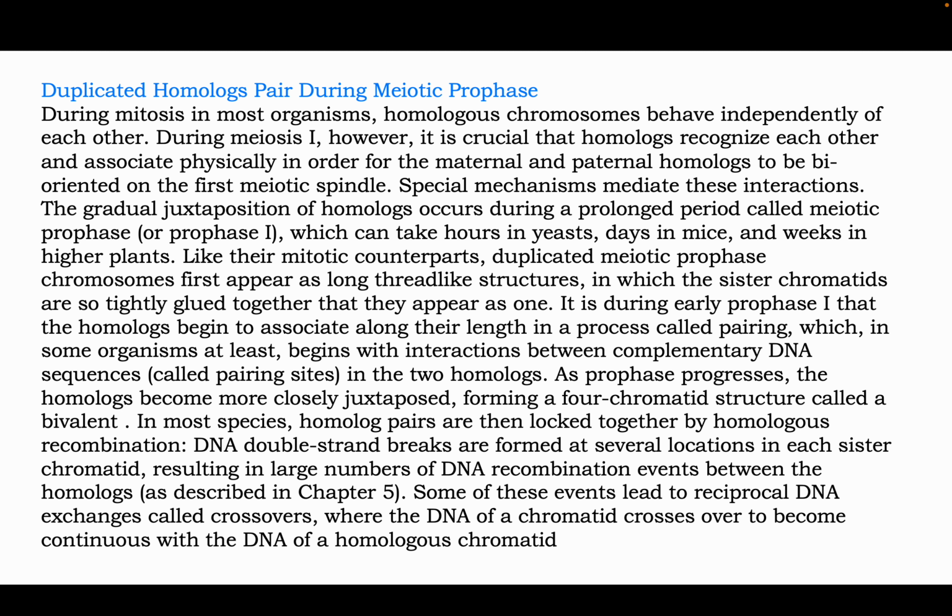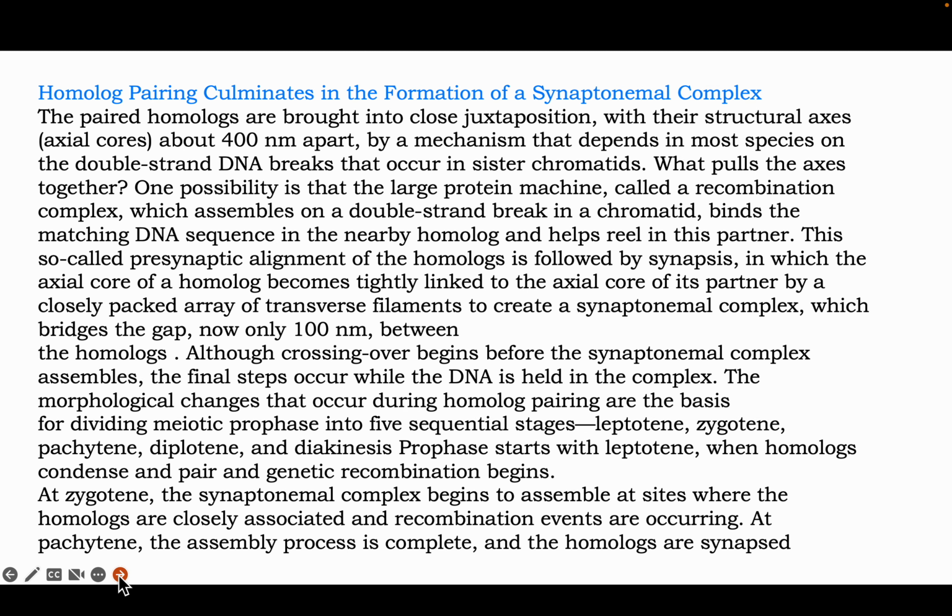In most species, homologue pairs are then locked together by homologous recombination. DNA double-strand breaks are formed at several locations in each sister chromatid, resulting in a large number of DNA recombination events between the homologues. So this is the concept behind it.